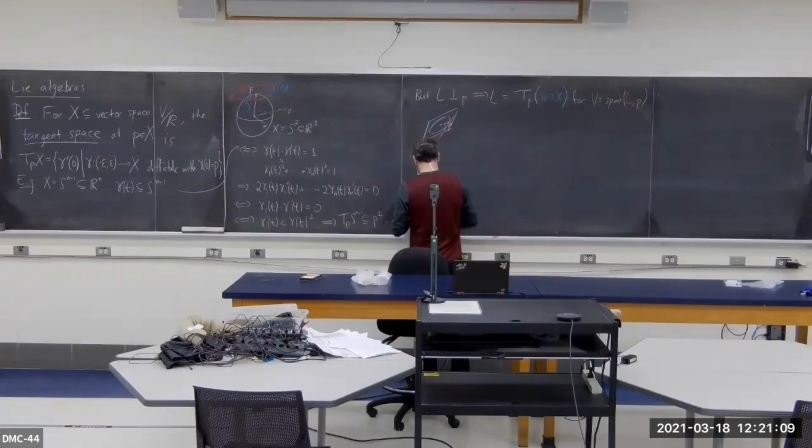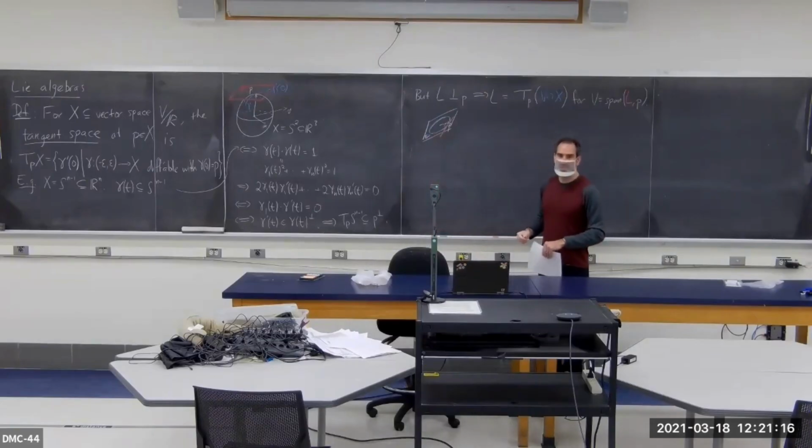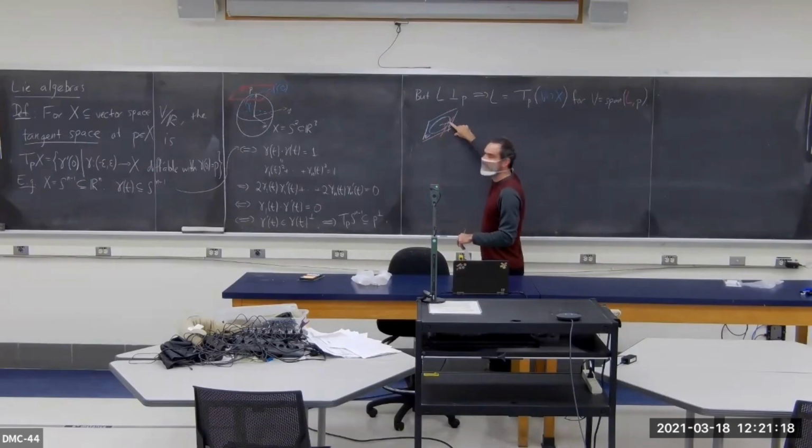So this is V right here, this two-dimensional plane. I've been given the point P, I've been given the line L, and I've been told that they're orthogonal. So I can take the span of those two things, that gives me a plane.